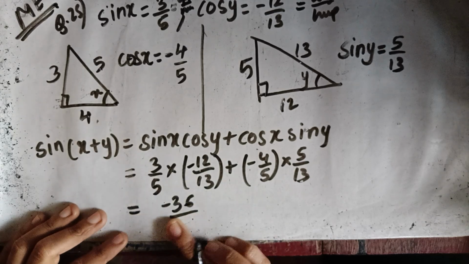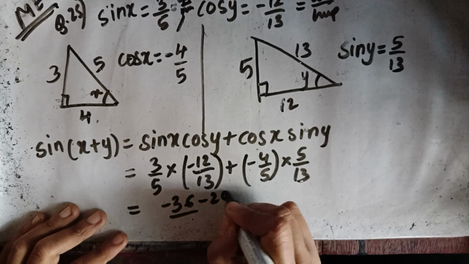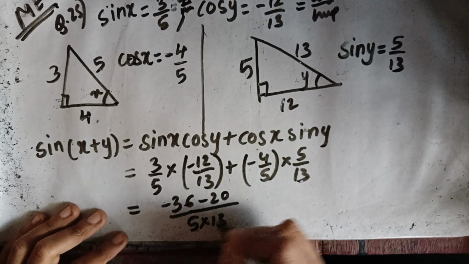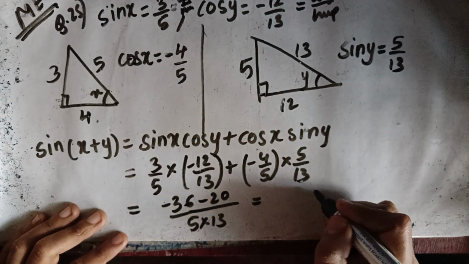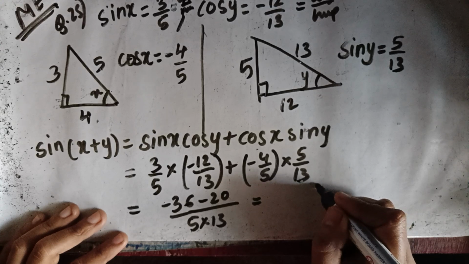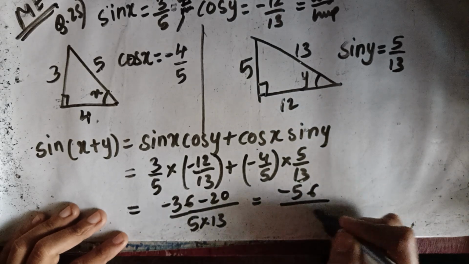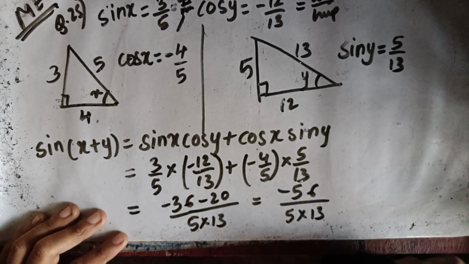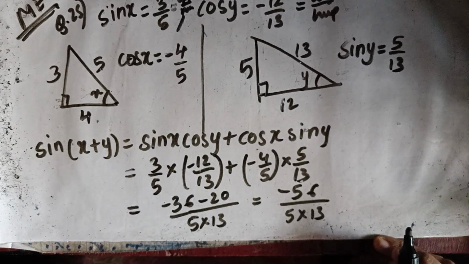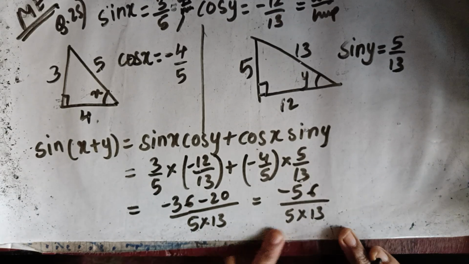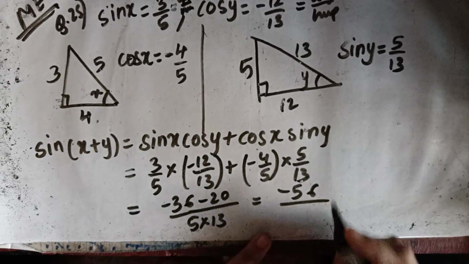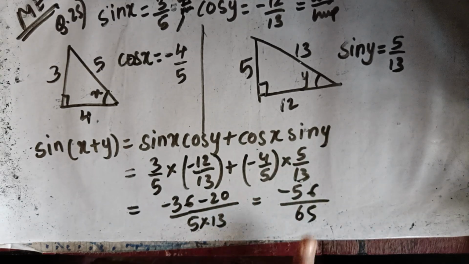I'll write only one denominator. So this is minus 36 minus 20, which is minus 56 over 65. So this is the answer, sin(x plus y).